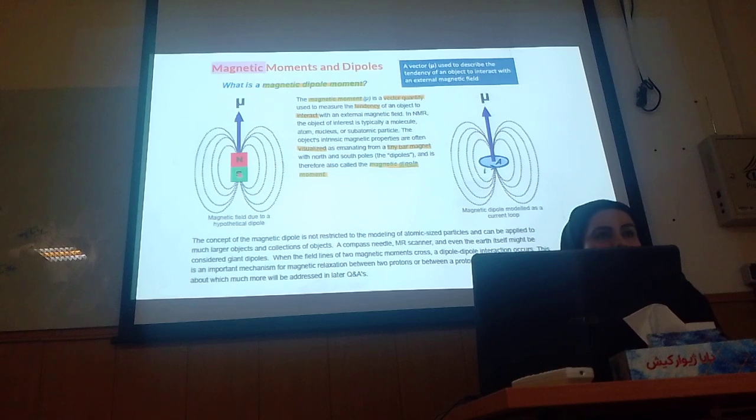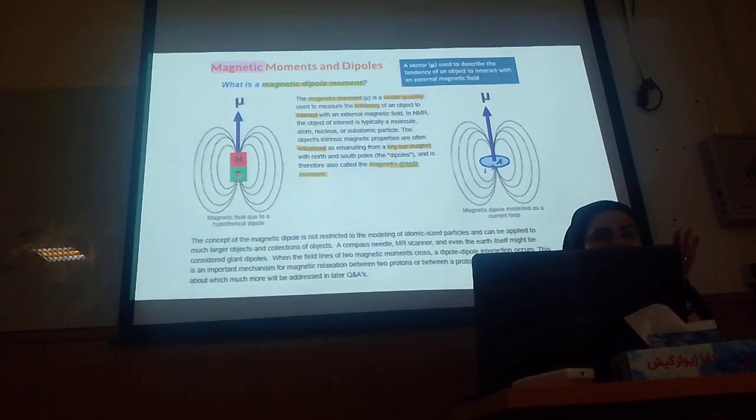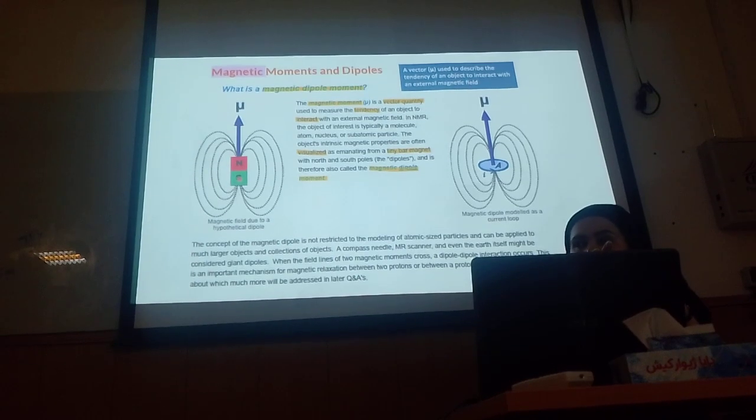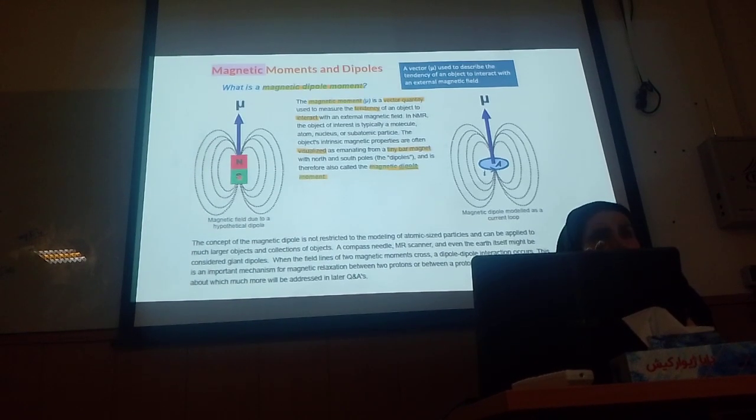For example, the hydrogen nucleus always has a magnetic field around itself, even without an externally applied magnetic field, because it has a spin angular momentum.